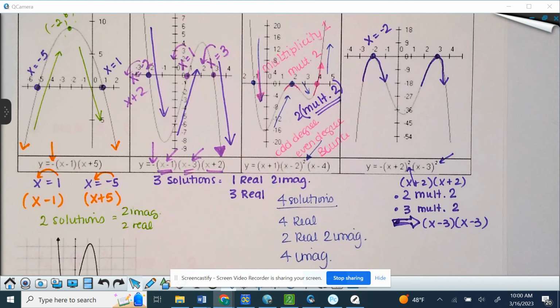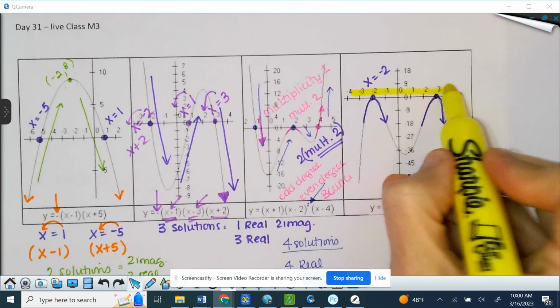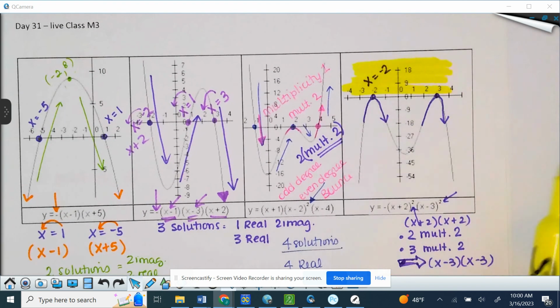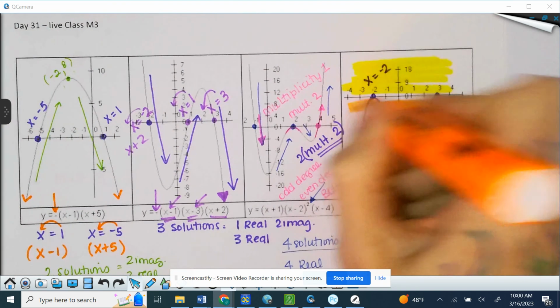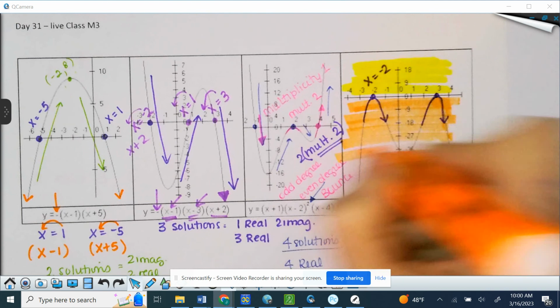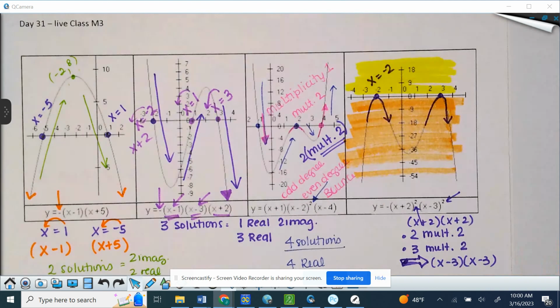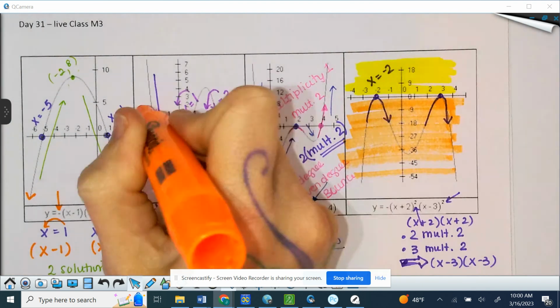Another brief call out, because I think we hit on it really quickly last week. This is all positive on our graph, and everything below that line is negative. So not speaking to increase or decrease, but positive versus negative, because you will see some questions along the way that ask, when are they increasing and positive?